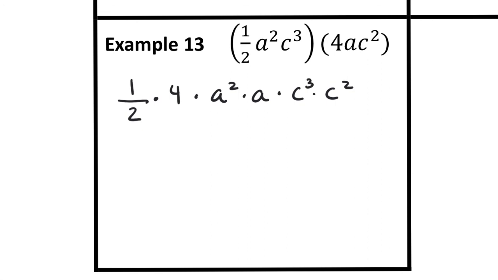Okay. 1/2 times 4, what's half of 4? That's 2. A squared times a is a to the third, and c to the third times c squared is c to the power 5.